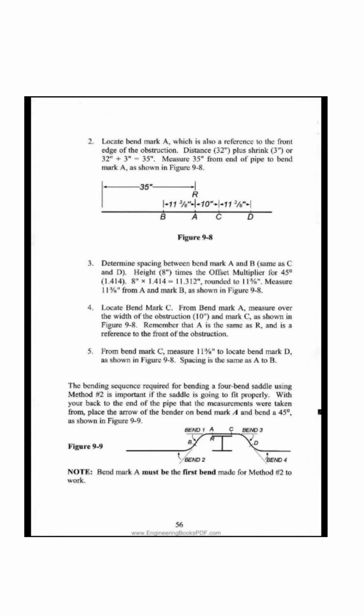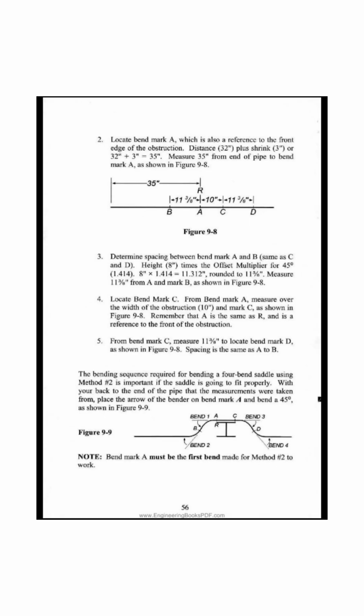3. Determine the spacing between bend marks A and B, same as C and D. Height, 8 inches, times the offset multiplier for 45 degrees, 1.414. 8 inches by 1.414 equals 11.312, rounded to 11 3/8. Measure 11 3/8 from A and mark B, as shown in figure 9-8. 4.